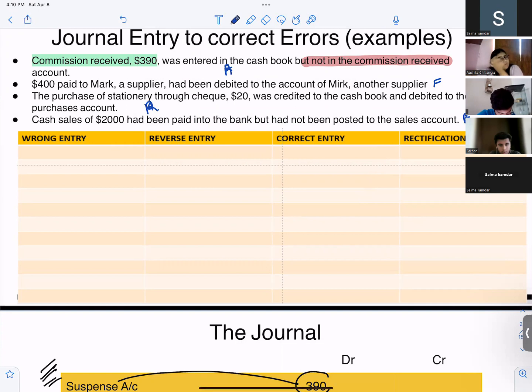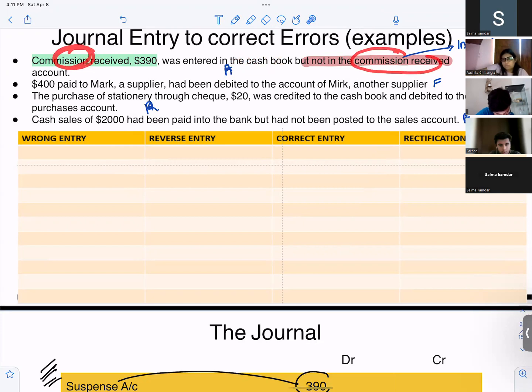So the entry for commission received is cash debit, commission received credit. Commission received is an income, and income is always credited. Now you have made an error only in the commission received, so when you're rectifying, you will not touch the correct part. You will rectify only the commission received.